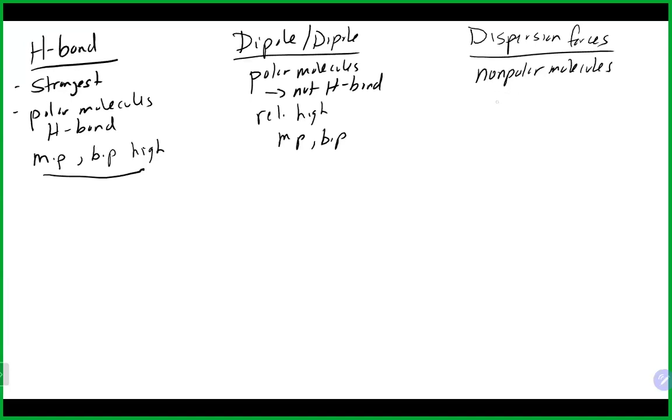This is probably your lowest in terms of melting points and boiling points because they're not held together very strongly. That is essentially the intermolecular force that a lot of organic compounds like methane, propane, and butane use. Those are typically gases under normal conditions, again, because they're not held together very tightly.